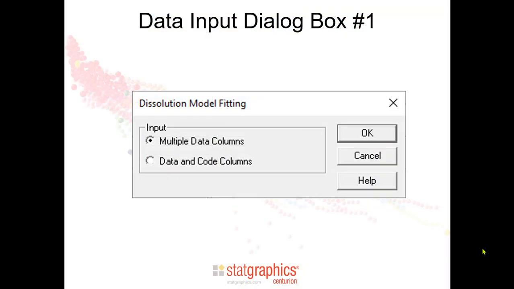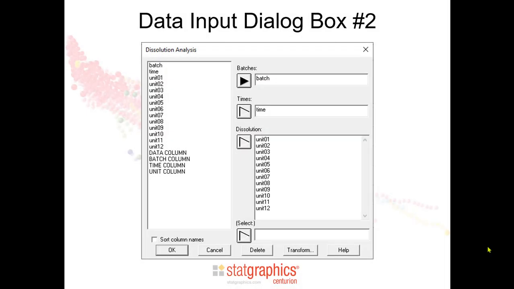The first dialog box displayed lets us specify how we've formatted our data, either as multiple data columns or as data and code columns. The second dialog box is used to specify the columns that contain the batch identifiers, the times, and the dissolution measurements.